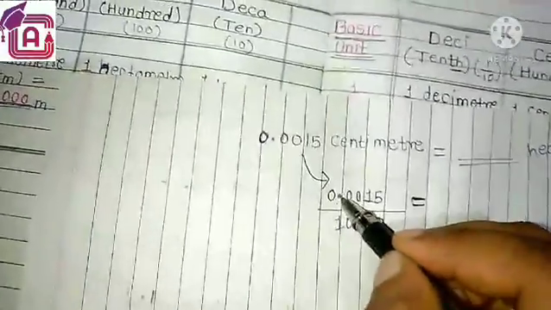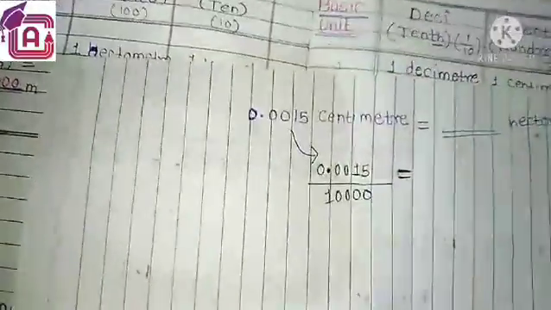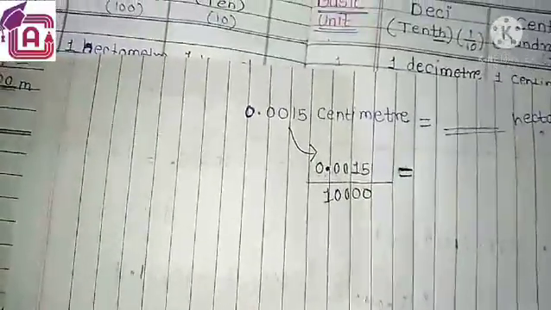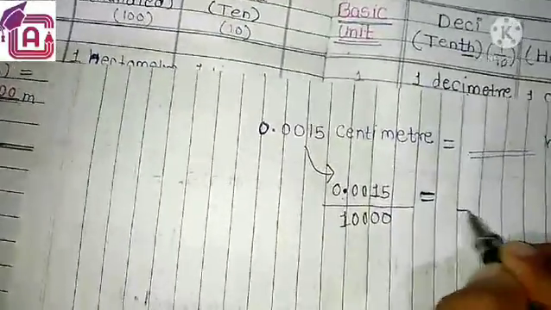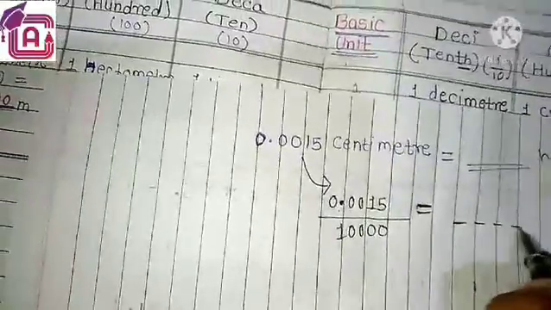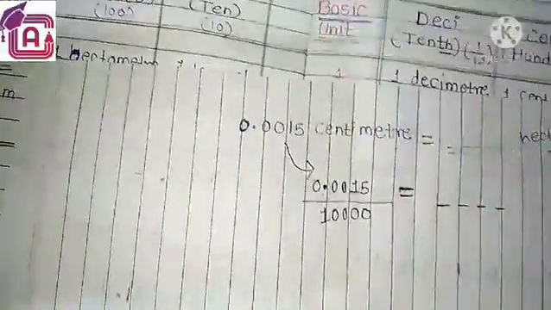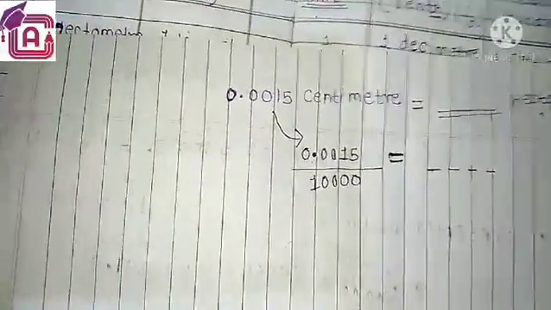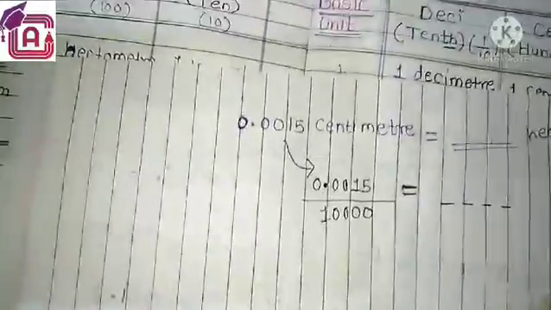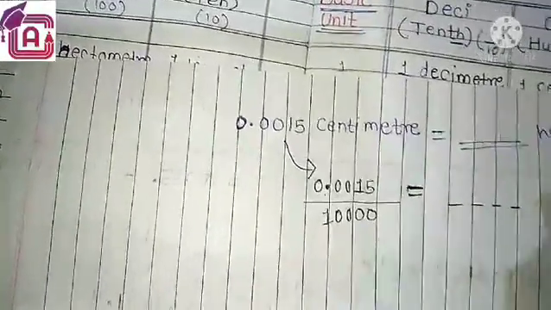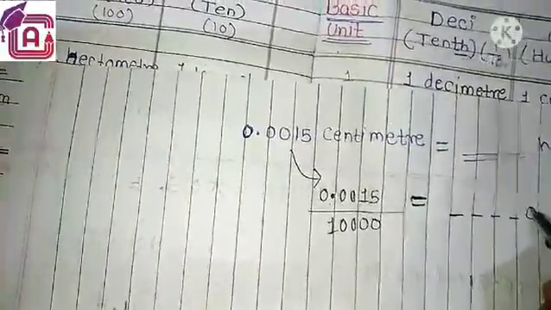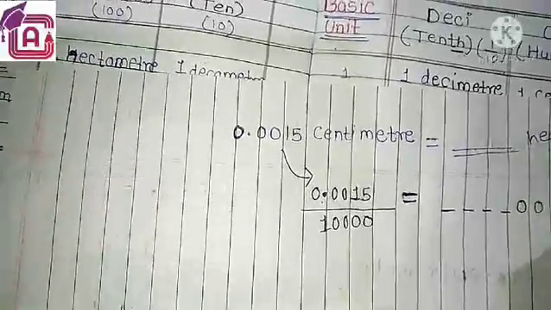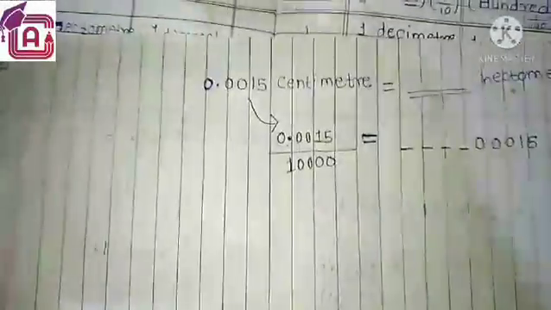Now this point is present here. We have to shift 4 places back. So how to put it? Our previous number is as it is.